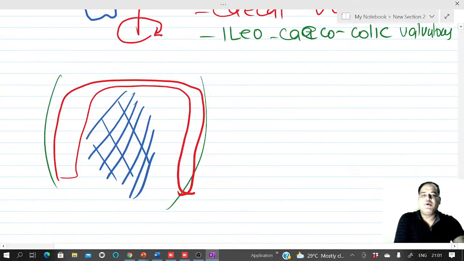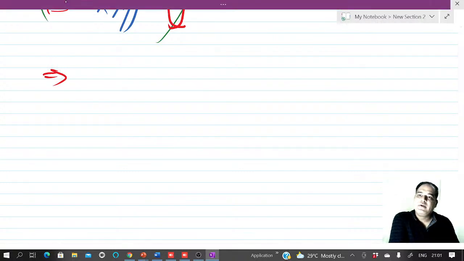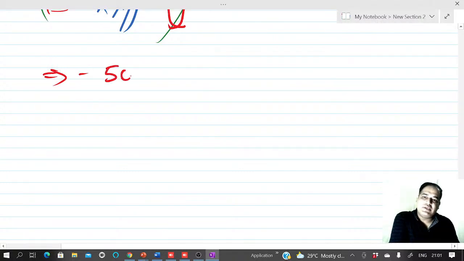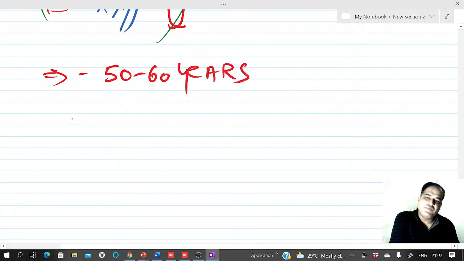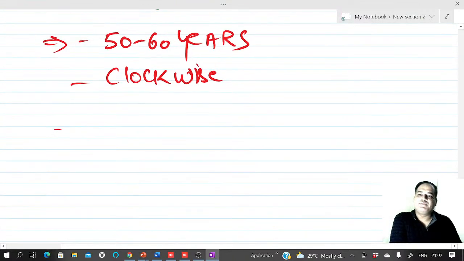Right. Now, cecal volvulus is more common in patients who are 50 to 60 years of age. The direction of rotation is clockwise.